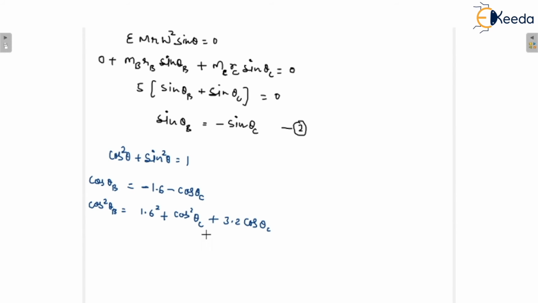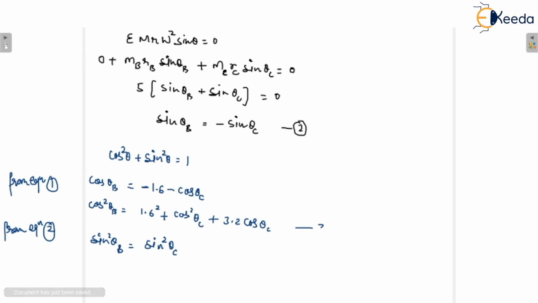From here we get this relation, and now from equation number 2, you just have to square the second equation. You will get sin square theta b is equal to sin square theta c. Okay, because minus will convert into plus as you square.